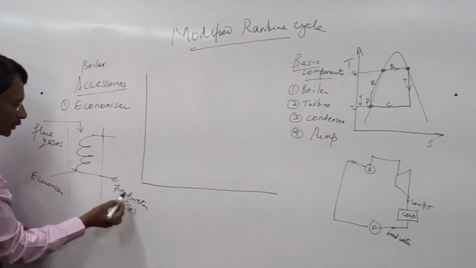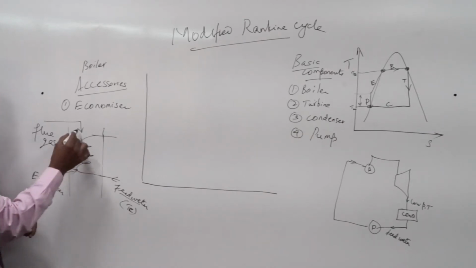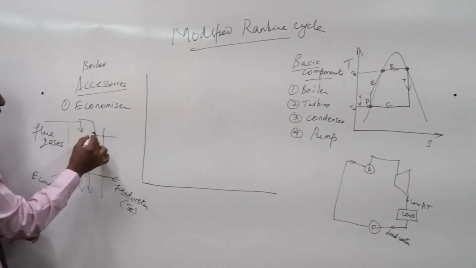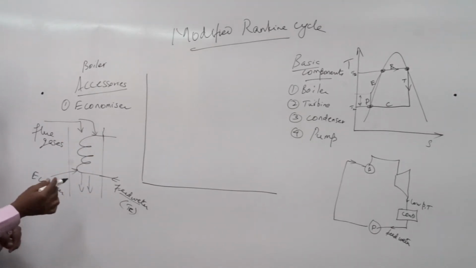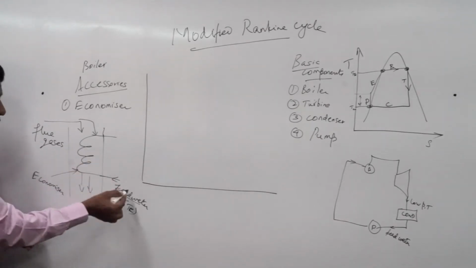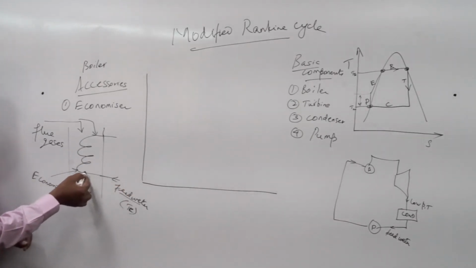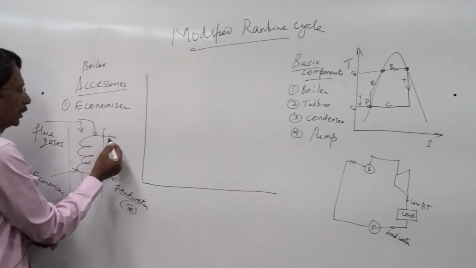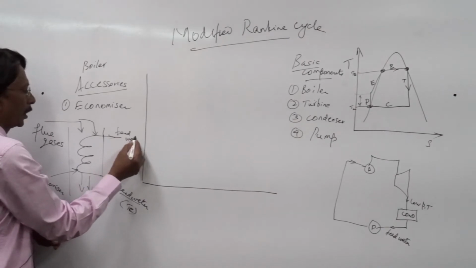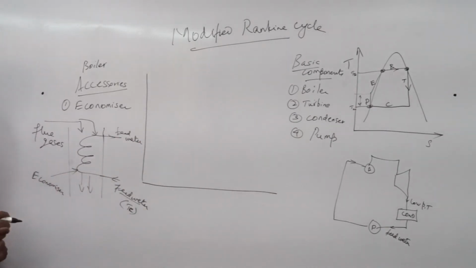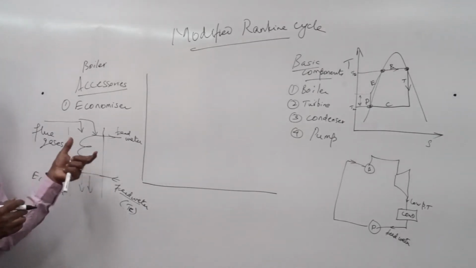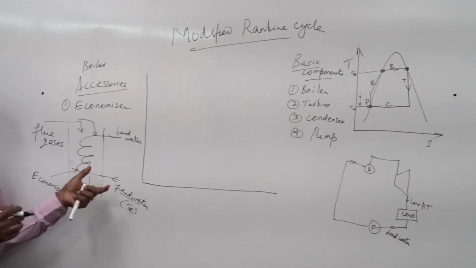I have shown it much out of proportion here, but it is a very, very small temperature increase. So feed water comes into the economizer, which is placed in the path of the flue gases, and the waste heat from the flue gases is given to the feed water, which flows through the economizer tubes. And feed water comes out at a higher temperature. What has essentially happened here is the sensible heat of the feed water is increased.